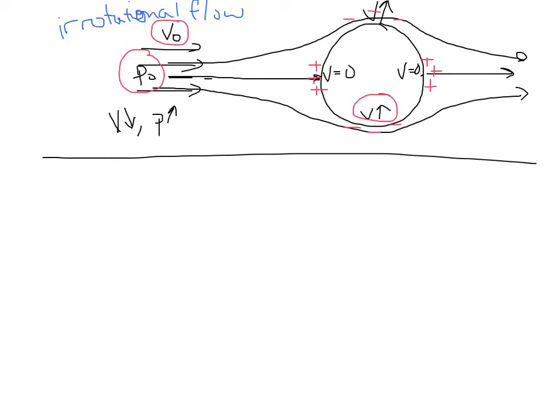Then in preparation for Friday, we started talking about the Reynolds transport theorem, and specifically defined three new quantities: the control volume and the control surface.